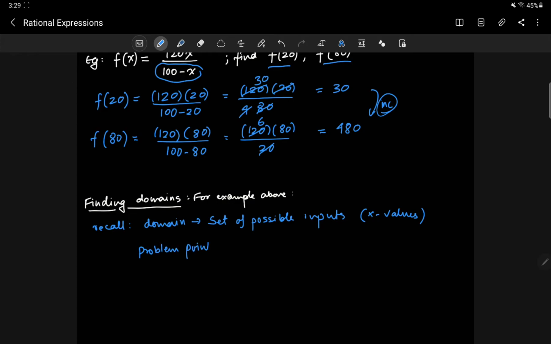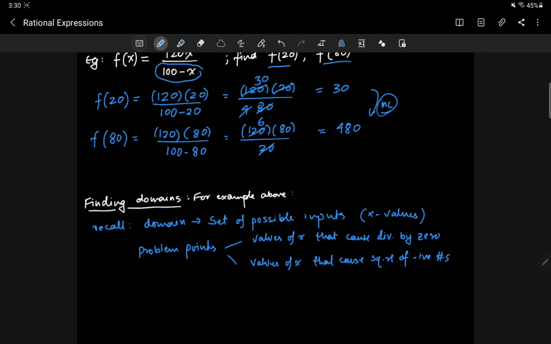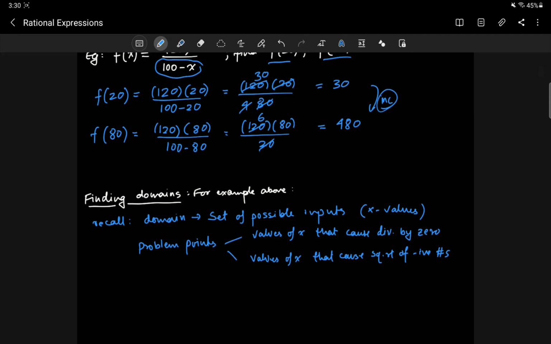The problem points that we know right now are values of x that cause division by 0, and values of x that cause square root of negative numbers. These are the two things we have been looking at so far. Basically, given a function, we want to make sure there's no division by 0 or square root of a negative number.